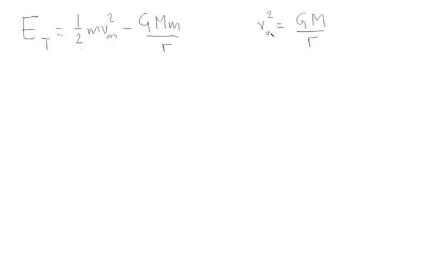So if I substitute this into here, I get a half little m times big G M over r minus big G big M little m over r. Turns out that this is exactly half of this. So simplifying just gives me half of big G big M little m over r.